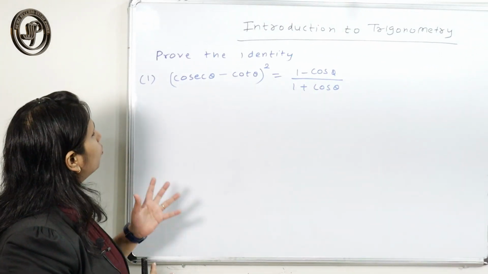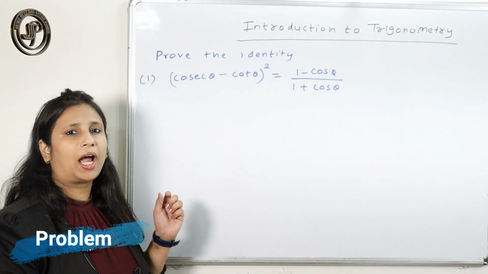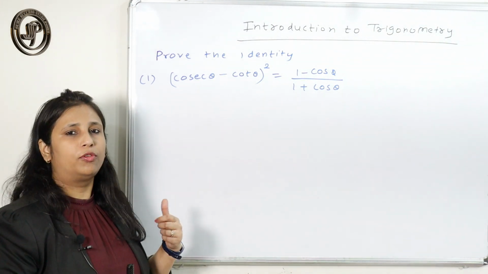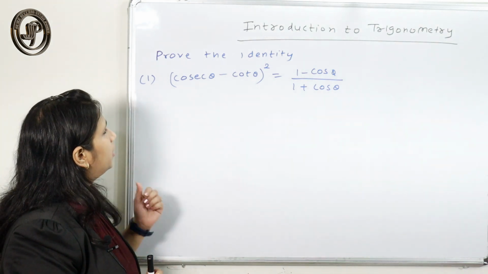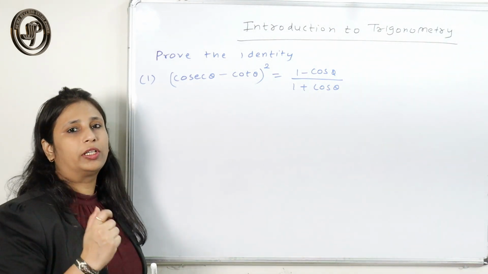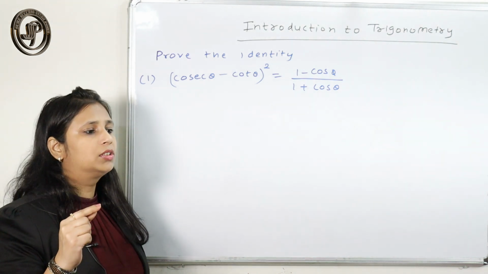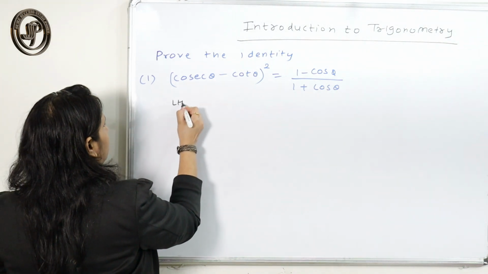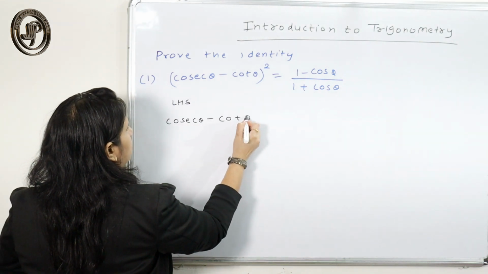So we have to prove this identity. To prove the identity, I will give you the basic ideas that make the proving easier. Here I have 6 trigonometric ratios. The first step to solve the question is to take the LHS, or even the RHS, that is up to you.